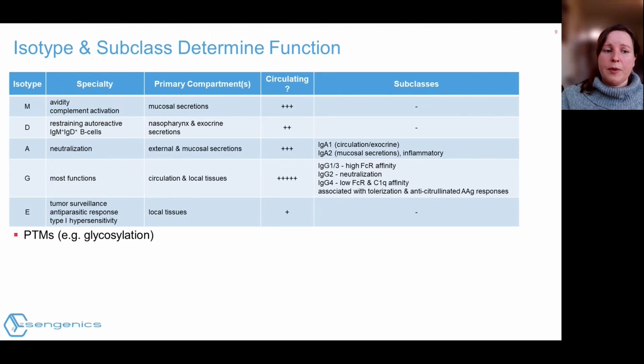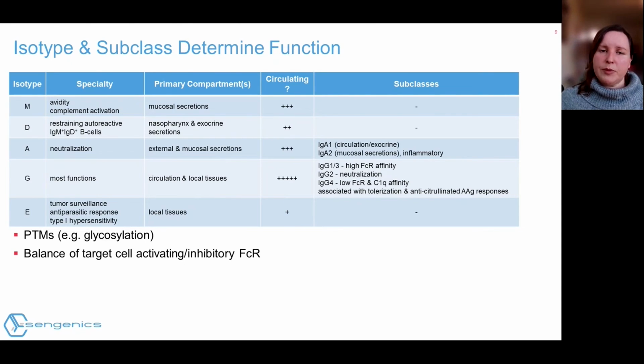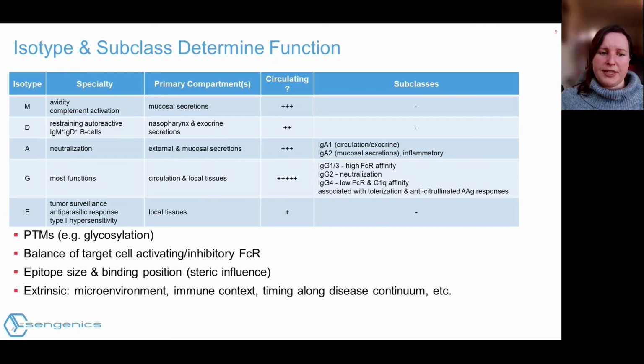Apart from isotype and subclass, there are a number of other factors that can influence antibody function, such as post-translational modification, like glycosylation, for example, and the balance of activating or inhibitory Fc receptors that are present on target cells. Where the antibody binds an epitope can also impact where the antibody then further goes on to bind complement or its receptor. And then there are a number of extrinsic factors such as the microenvironment, the immune context, and the timing along the disease continuum.